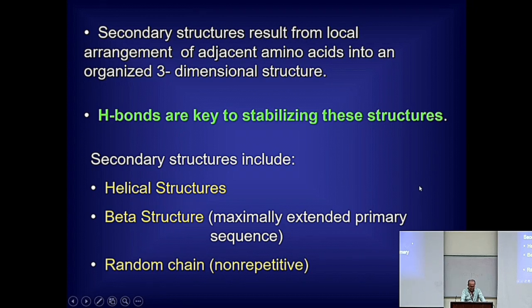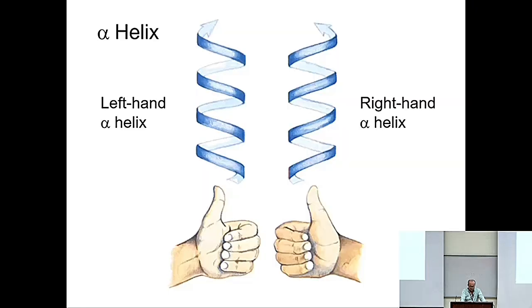Okay? So the first one, the alpha helical secondary structure, there are two types and designated by, here's the alpha helix.